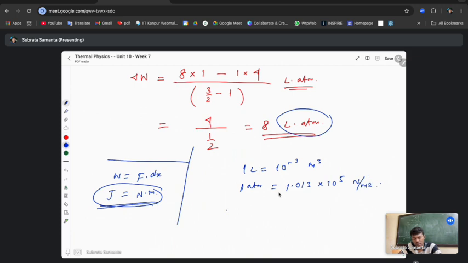So now 1 liter atm equals 1.013 times 10 to the power 5 times 10 to the power minus 3 Newton meter, right?